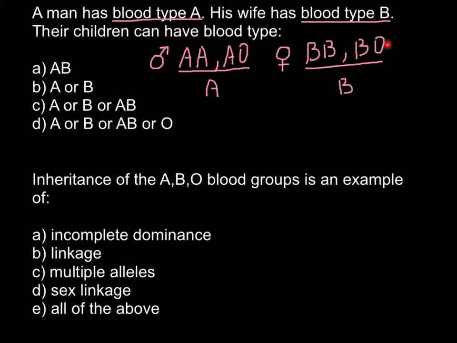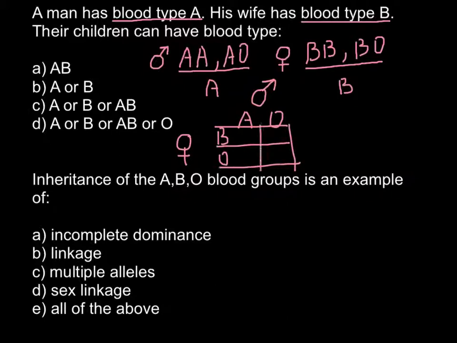Let's consider this cross. Here we would have the male genotype, that is capital A, O, and on this side the female genotype, that is capital B, O. So let's consider what different genotypes and phenotypes we can get here.